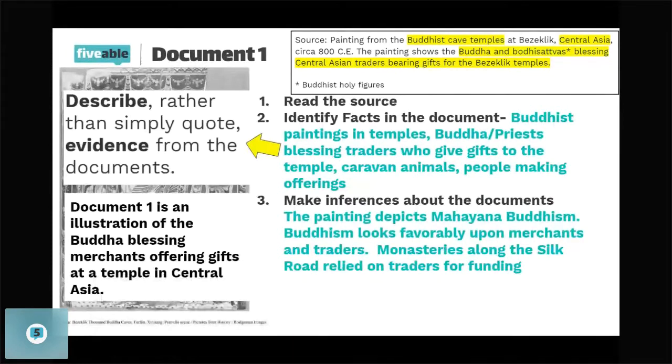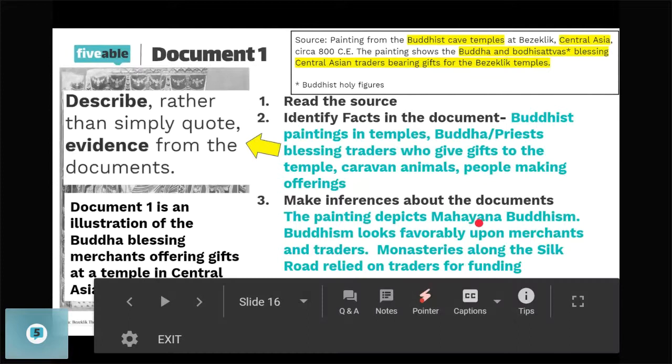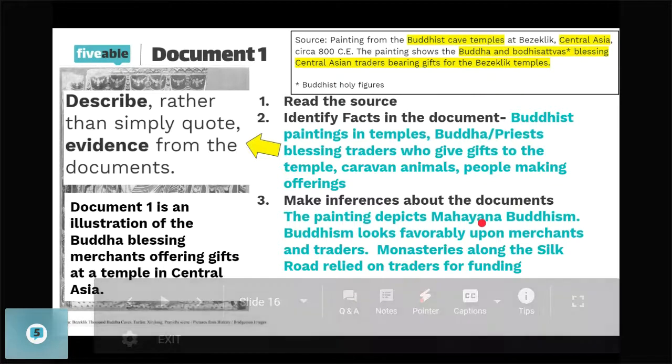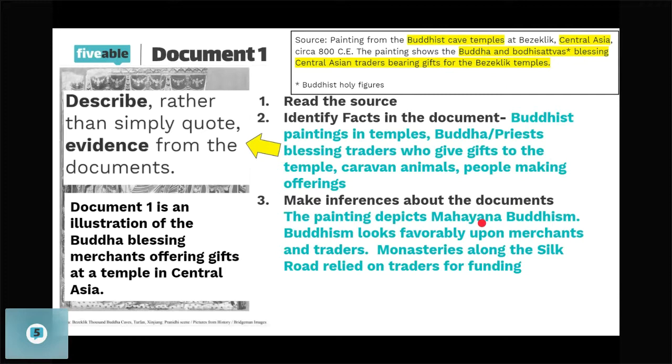They're only in Mahayana Buddhism, which I have spelled down here, a branch of Buddhism that has kind of morphed. They're holy figures that have stopped their ascension to nirvana to help others on their journey to reach nirvana. And they do this for payment. They do want to be paid for that.